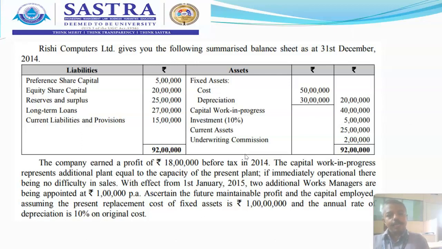In the given example, the super profit is 6,06,000 divided by 18%. In that case, the goodwill would be 33,67,000. So goodwill is huge because of the capitalization.